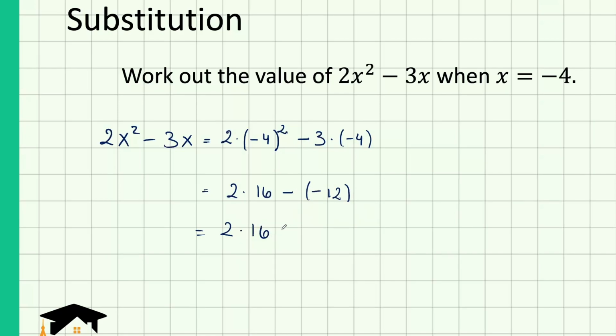Minus and minus gives us plus 12. 2 times 16 is 32. And we have to add 12. So this gives us 32 plus 12 is 44. So the value of 2x squared minus 3x when x is equal to minus 4 is 44.